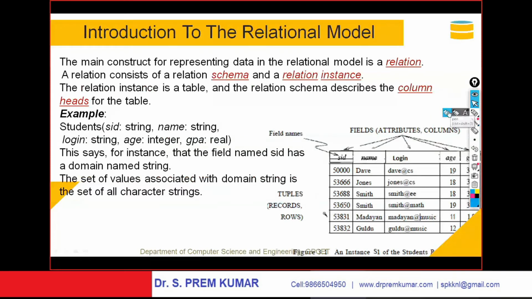If you observe this relational model, as I told you previously, the data is represented in the form of rows and columns. The horizontal forms are called rows, and the vertical forms are called columns. First column, second column.